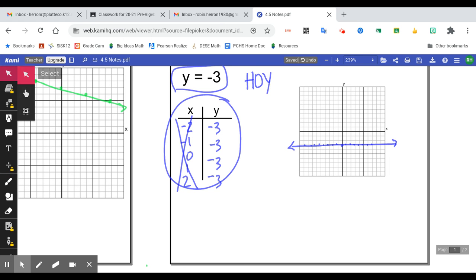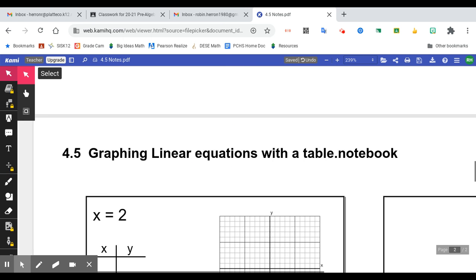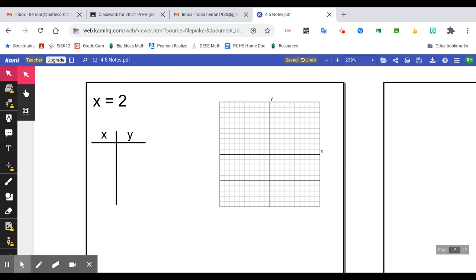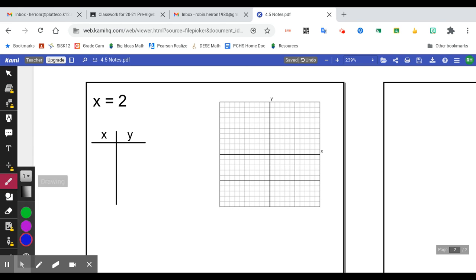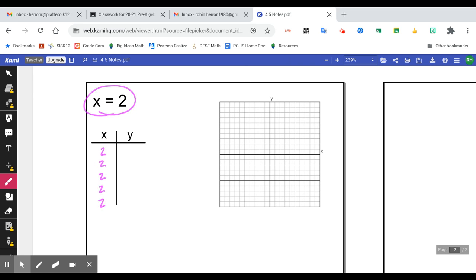Okay, which brings me to my next one, x equals 2. So you should be thinking about this. Once again, if x is 2 and there's no y here, I'm plugging in 2 every time because x is 2, there's nothing that even goes over here. So we're never going to have that y value. It can be whatever it needs to be.